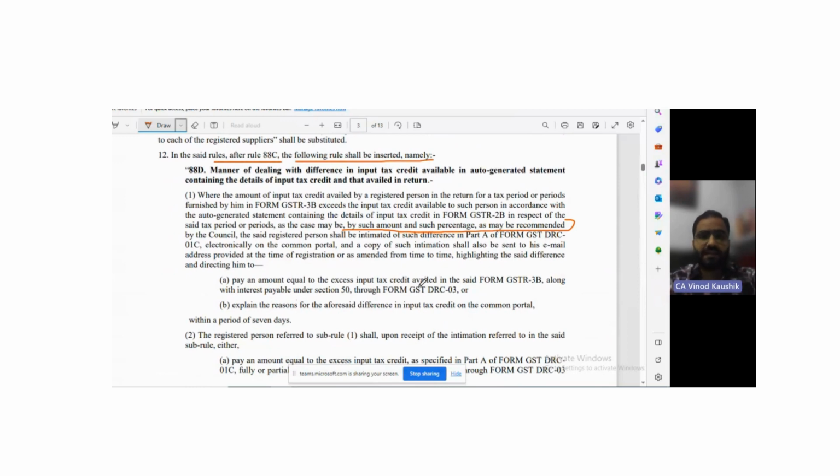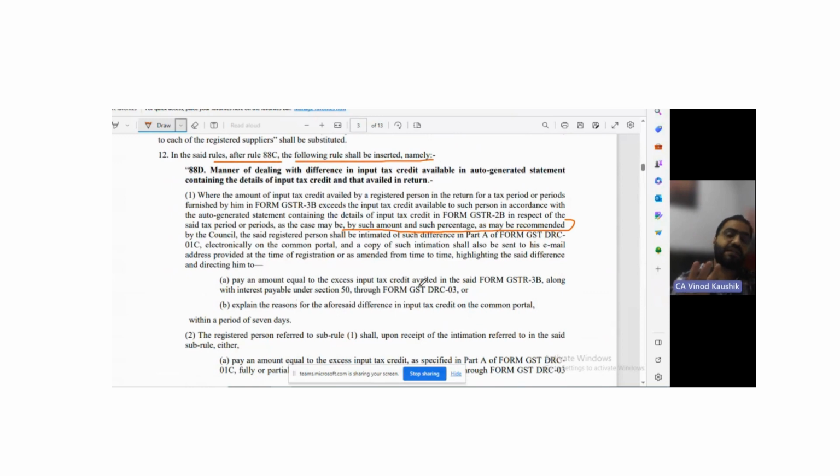Let's take an example. I have taken input tax credit of ₹100 in my GSTR-3B, but in my GSTR-2B, the input tax credit of ₹80 is available. So technically, I have taken input tax credit which is in excess of 10%. The 10% of 80 becomes ₹8, so 88.